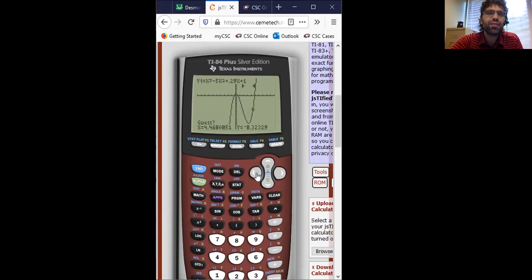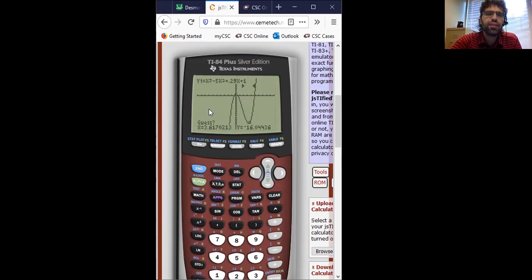So exactly what you see varies from edition to edition, but all of the TI-84s and all of the TI-83s work fundamentally the same. We select a left bound, we select a right bound.